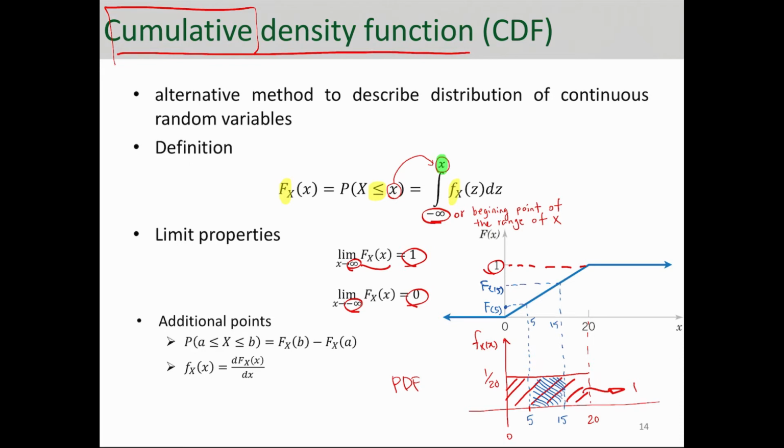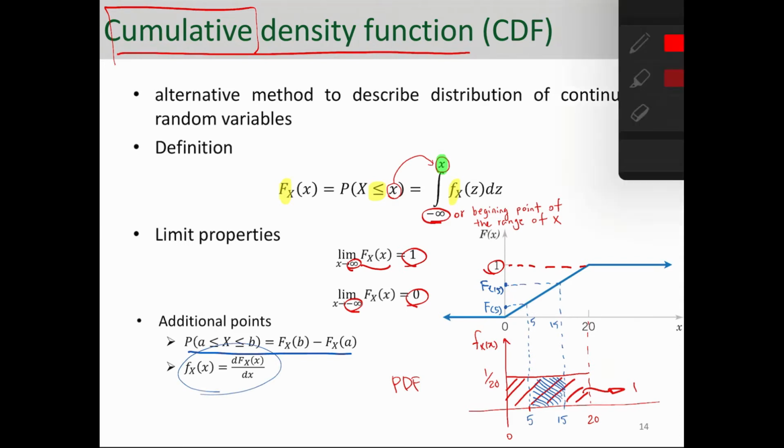You can get these two values and subtract them from each other. It will be the same as calculating this area. That's why, if you're calculating the probability of x between A and B, just calculate the CDF at point B minus the CDF at point A, and that would be your answer. If you have the CDF function, just plug in B and A and get the CDF values. Here you can see the relationship between the PDF and CDF.